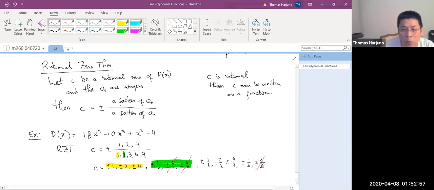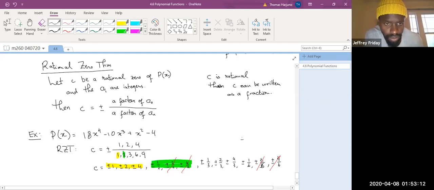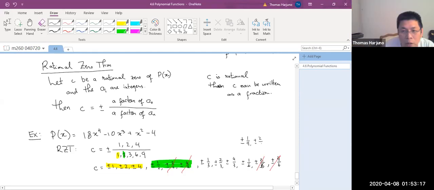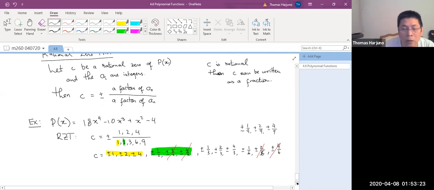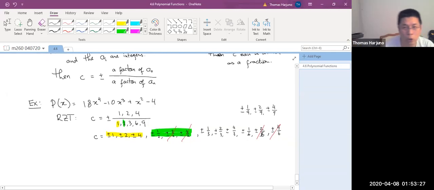Plus minus 4/6, but 4/6 is 2/3. I already have that too. I cancel it, and then plus minus 1 over 9, plus minus 2 over 9, plus minus 4 over 9. Those are all possible rational zeros of this polynomial.